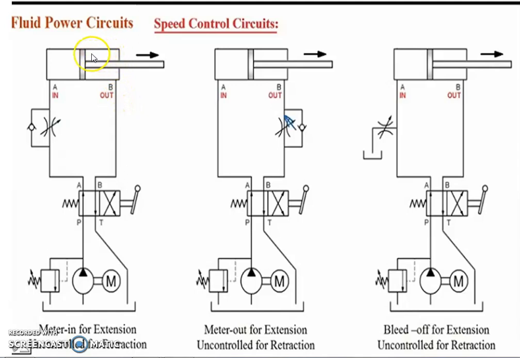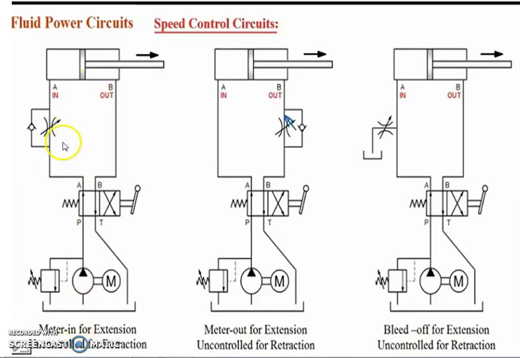So the amount of oil admitted in this passage of linear actuator, and this piston and piston rod retract very fast. Means uncontrolled retraction. There is control in extension. Meter in for extension, speed of extension controlled, but retraction uncontrolled. So this is a meter in.